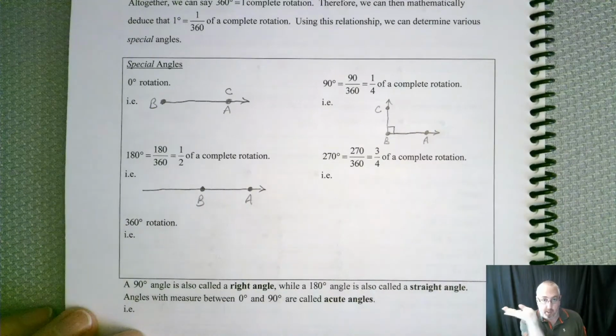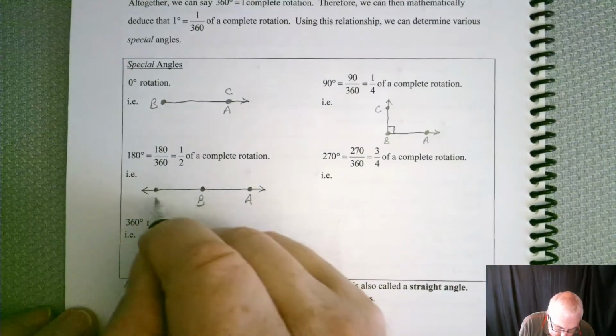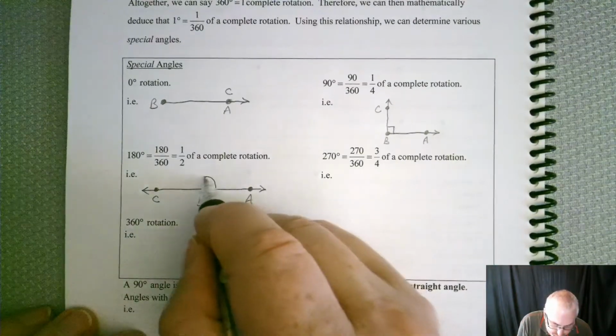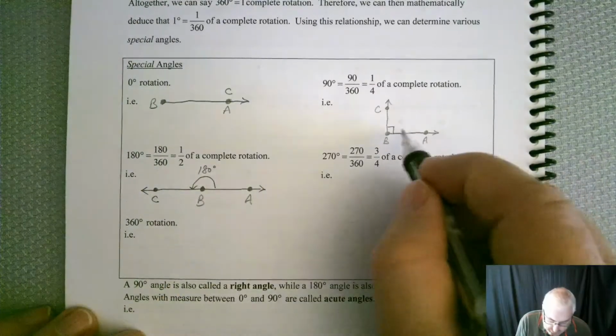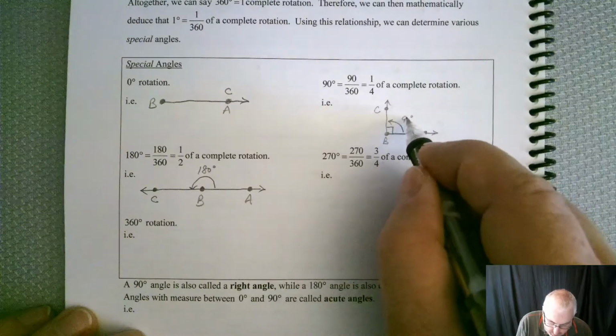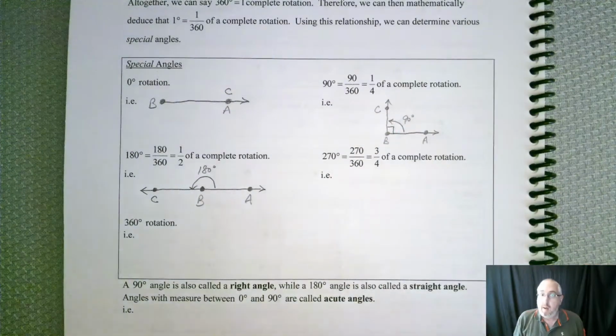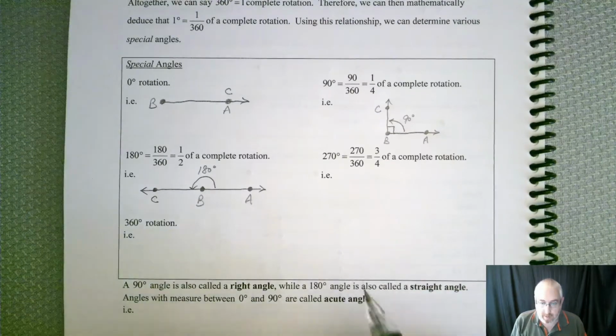It's going to point straight across in the other direction. So it'll look just like this. So there's 180 degrees, and like I said, here was 90. Again, it is important because it forms a straight line, so it is going to be a special angle we're going to come back to now and again.